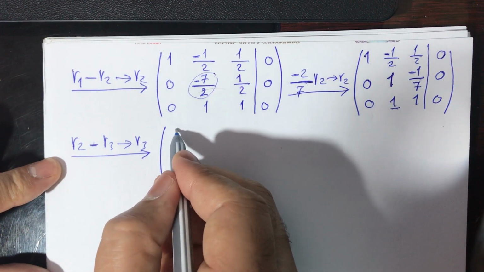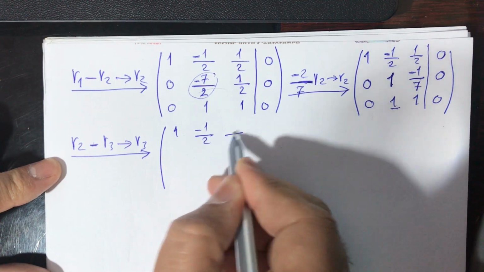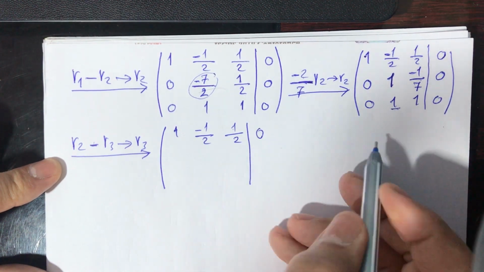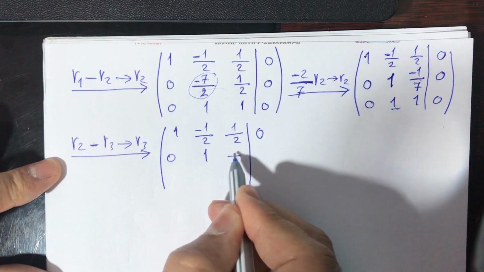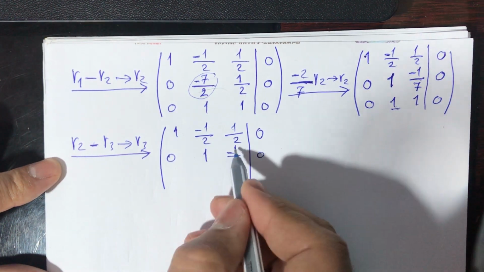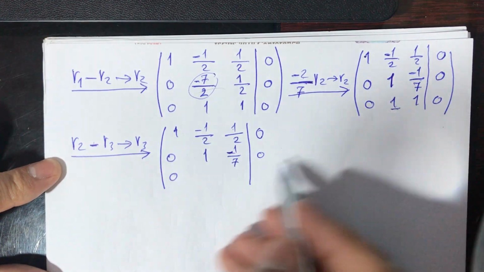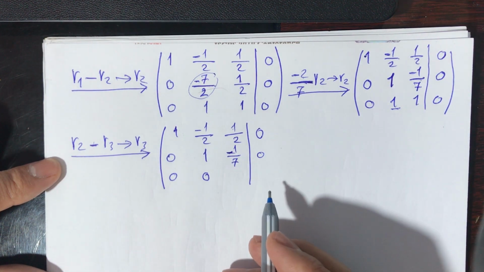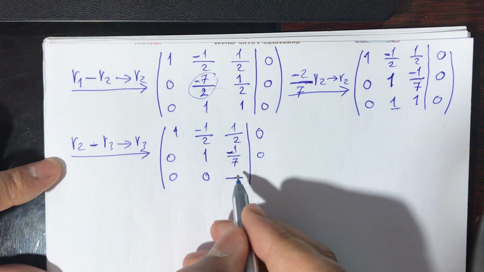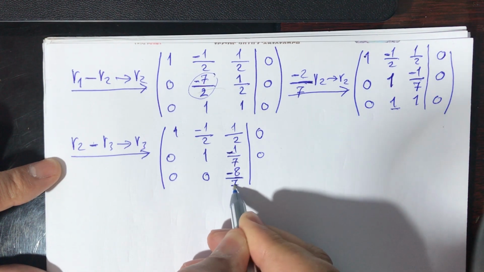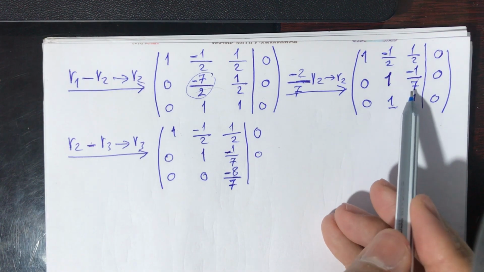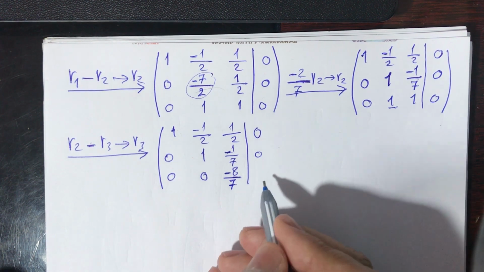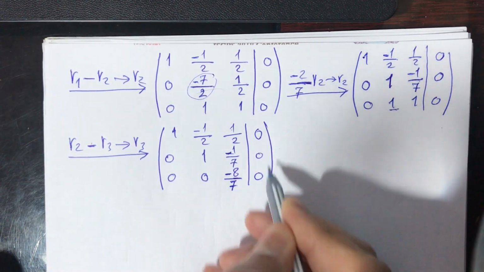This is the same: 1, minus half, half, 0, and here 0, 1, minus 1 over 7, 0, and here 0, 0, 1 minus minus 1 over 7, that is 1 plus 1 over 7, and this will be 8 over 7, and 0 minus 0 will be 0.